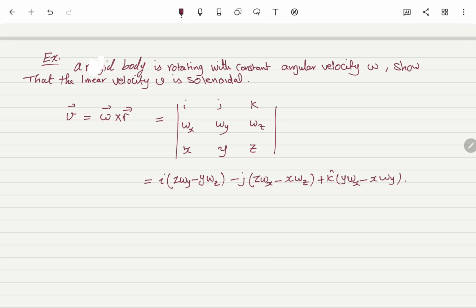As we mentioned before, if a divergence of any quantity is equal to 0, then that quantity is said to be solenoidal or divergenceless.